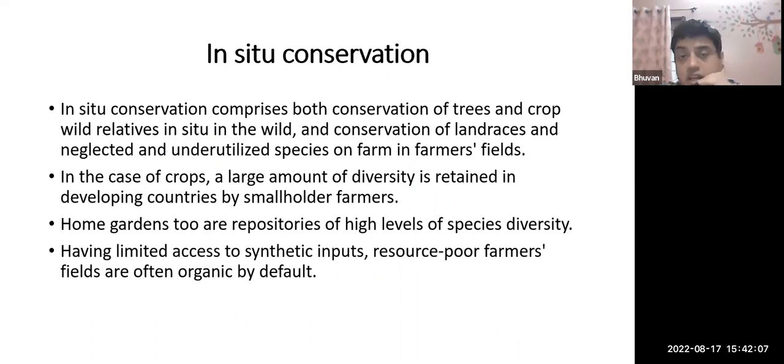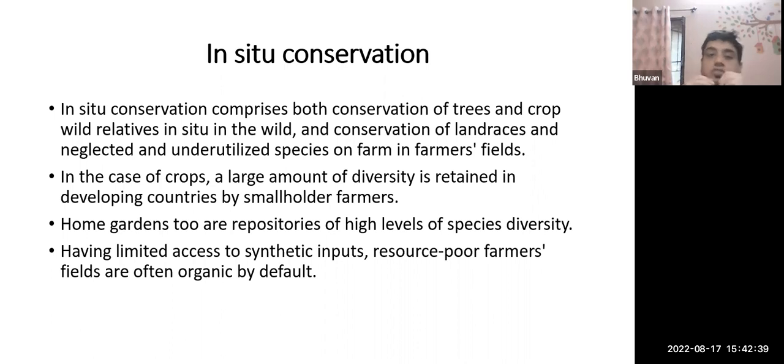Similarly, in the case of agrobiodiversity, we have in situ and ex situ methods of conservation. As is clear from the definition, the in situ concept talks about the on-site conservation of the agrobiodiversity, and ex situ conservation methods focus on the off-site conservation of the agrobiodiversity.